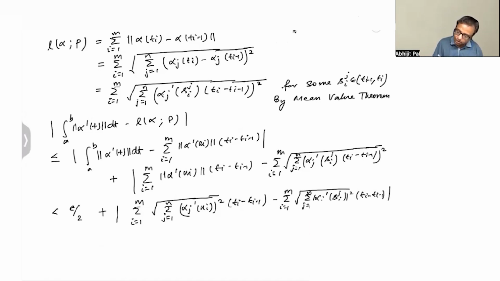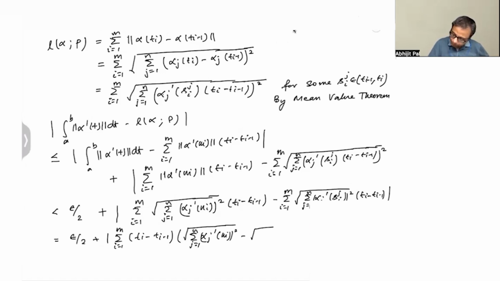Therefore this will be equal to epsilon by 2 plus mod of summation i equals 1 to m, ti minus ti minus 1 times this summation j equal to 1 to n, alpha j prime ui square minus this.